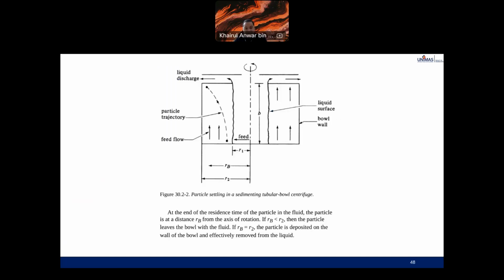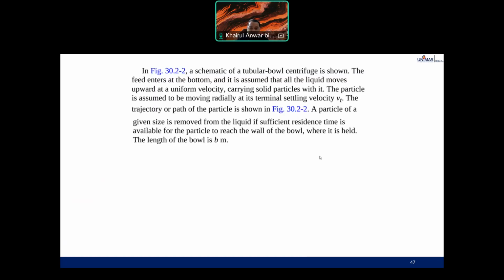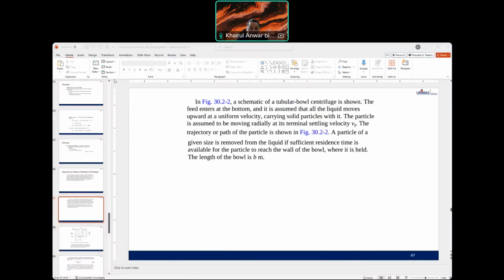In figure 30.2, this one can also refer to the books. In the books, this is based on Christie Geankoplis.